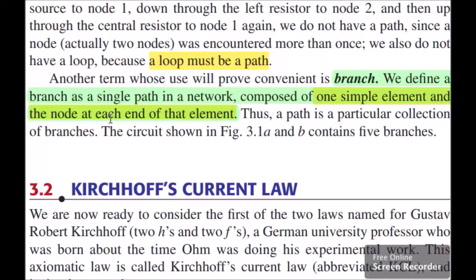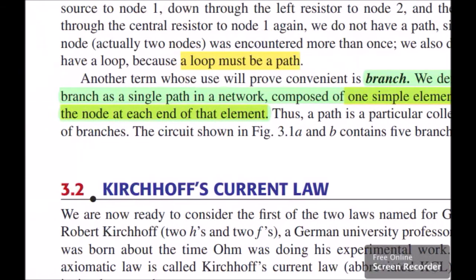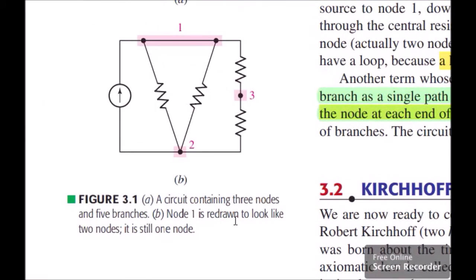For example, in here we have branches. Where is our branch? It says one element, and the node at the end of the element. So this is one branch.